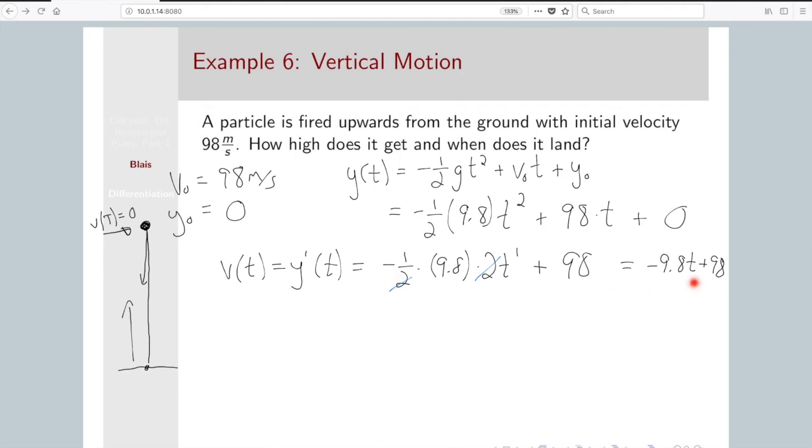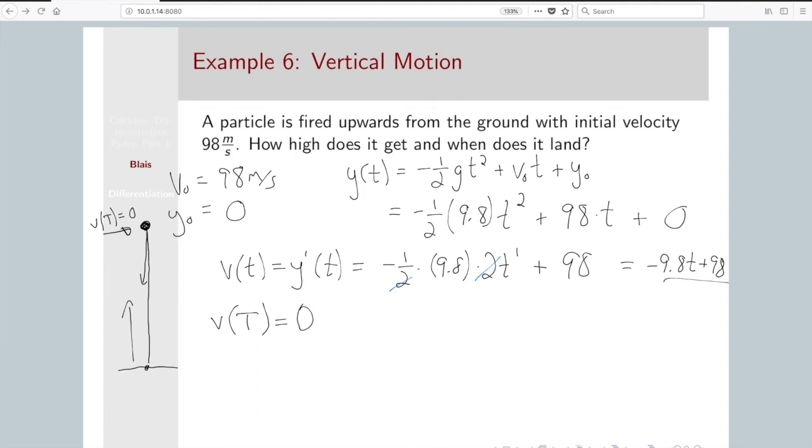Okay, we have the velocity function, but remember the whole point was to figure out how high does it get. And we noted it reaches its maximum height when it gets just to its maximum height, pauses for an instant and then comes back down. So that means at that instant it has velocity 0. So we need to solve for v of t equals 0.